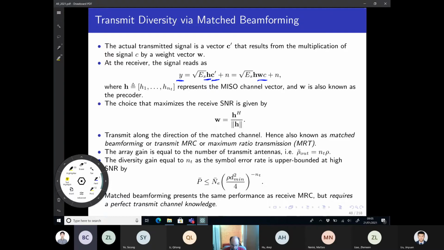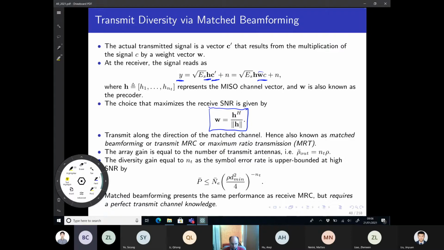So c can be a transmit symbol, and then we pre-code it using w, and what we said is one way to design it to maximize the SNR is called maximum ratio transmission, which is reminiscent of what we did for the maximum ratio combining when we had the SIMO case.